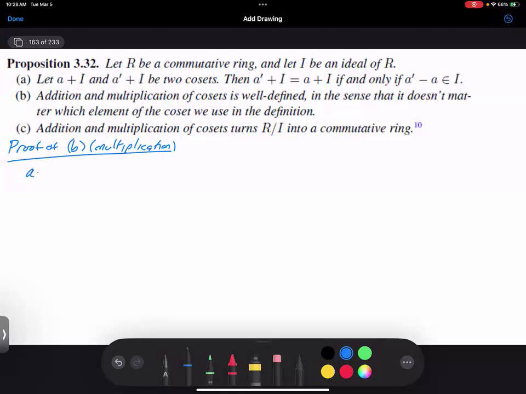So imagine A plus I equals alpha plus I. Then we can write alpha as A plus what? So if the two cosets are the same, how must alpha and A differ? By something in I. And let's call that C sub A, with C sub A in I, this is from part A. So from part A, two cosets are the same if and only if their difference is in I.